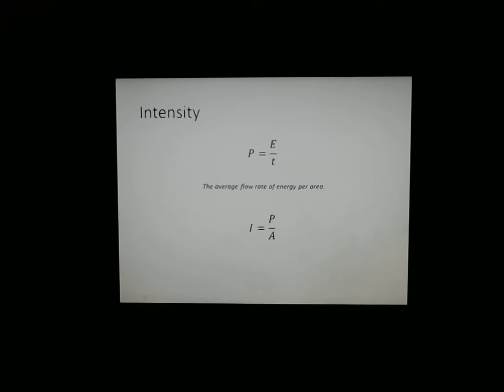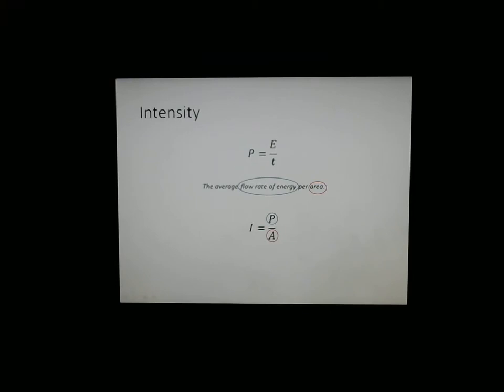There's the definition, and so we can see the power is the flow rate, and it's being divided by the area. This formula is not provided to you, but if you understand the definition for intensity, it's not a particularly difficult one to construct. So I'd just be aware of that.